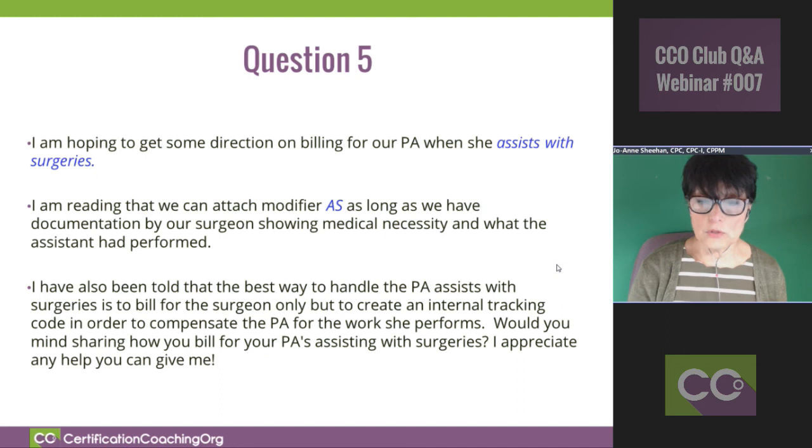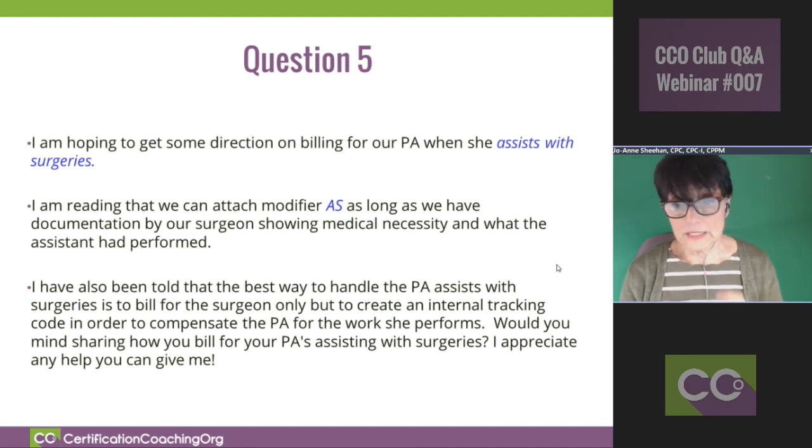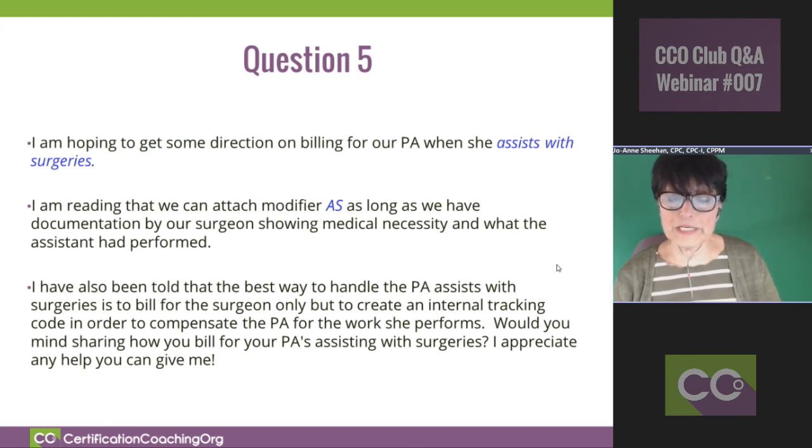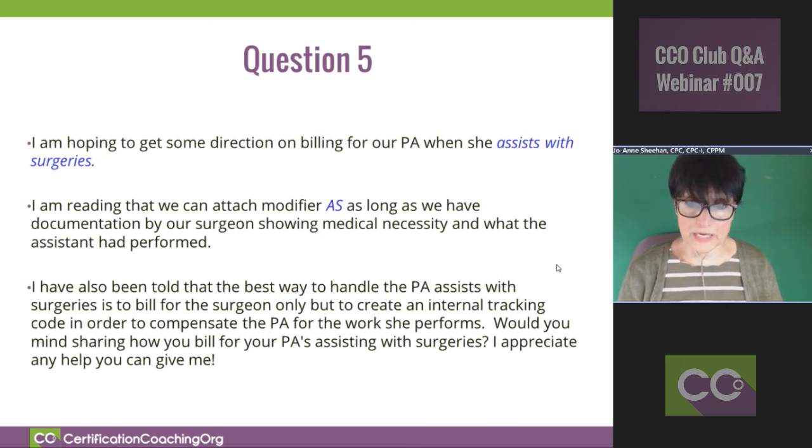I have also been told that the best way to handle the PA, or physician assistant, assist with surgeries is to bill for the surgeon only, but to create an internal tracking code in order to compensate the physician assistant for the work she performs. Would you mind sharing how you bill for your PAs assisting with surgeries? I appreciate any help you can give me.